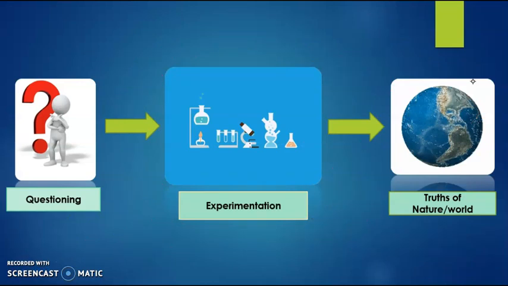Now I will show you a small flow chart about the introduction of what is science. We already discussed that questioning is the main step, right? Without questioning, we can't get an answer. By questioning, we will get the answer, and in the process of getting the answer we will do a lot of experiments.